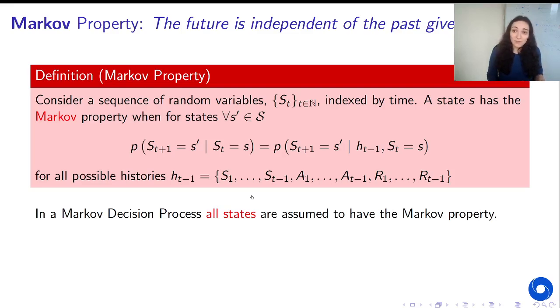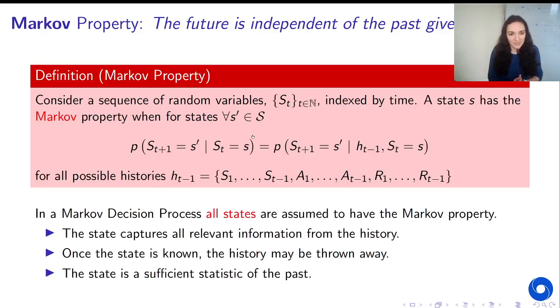And what does it mean for a state to have the Markov property? Well, a state S has the Markov property if it summarizes basically all of the history that has come before it in terms of the prediction value of the next state or the next states in the future. A different way of saying this is that the state captures all the relevant information for the prediction problem captured in the history, or another way of saying it is that once the state is known, the history can be thrown away.